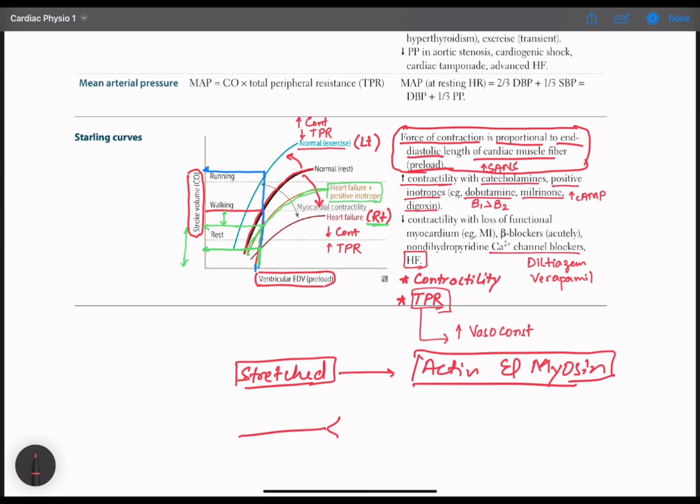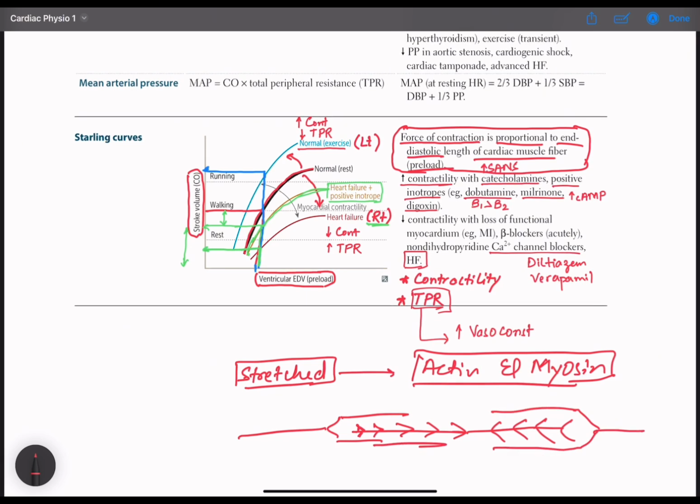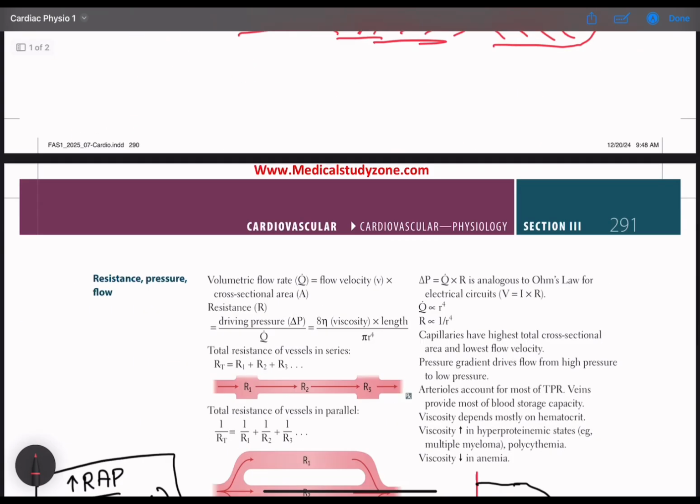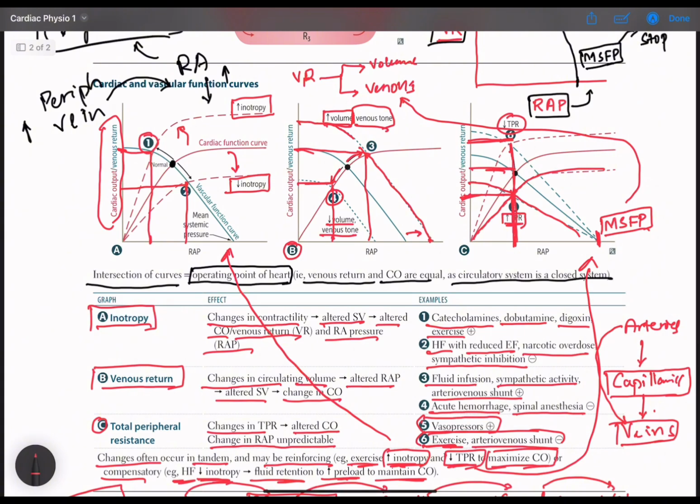We have actin filaments and myosin filaments. The interaction between actin and myosin is best achieved at a stretched position. So if we stretch the heart fibers, we have stronger contraction. This is the reason behind the Frank-Starling curve or the Frank-Starling law. This was all about the Frank-Starling law and cardiac function curves.